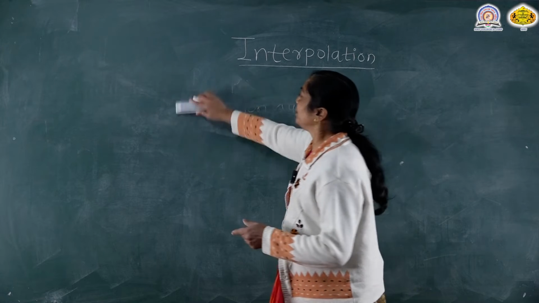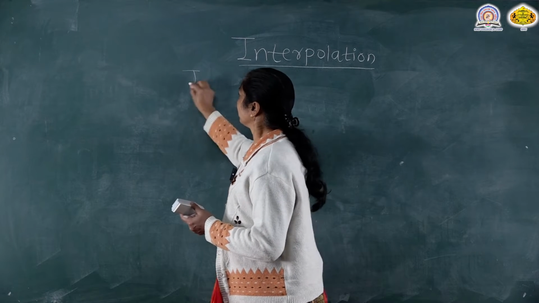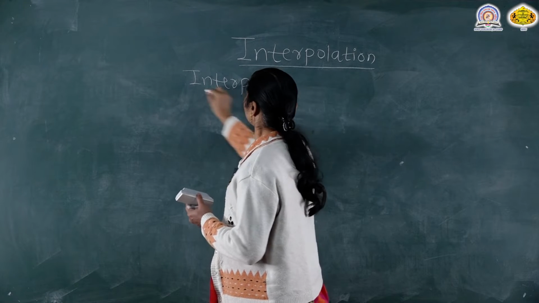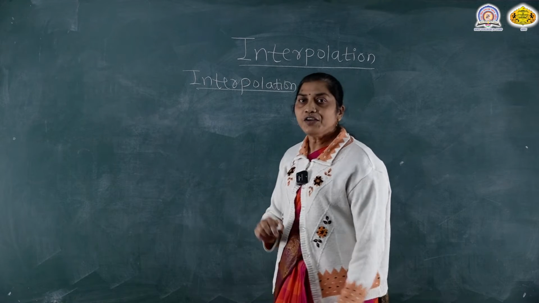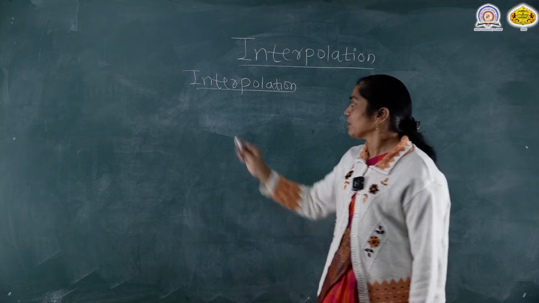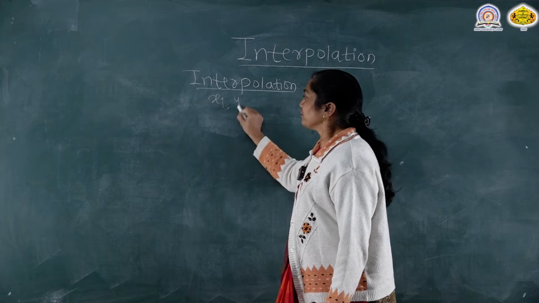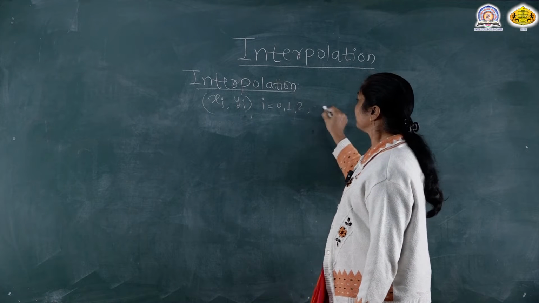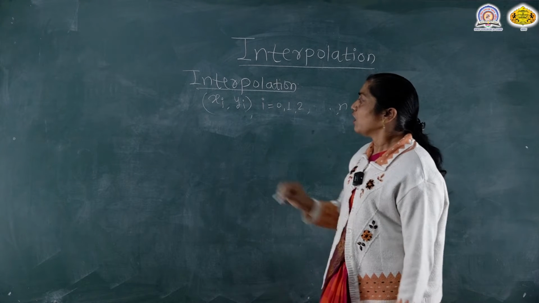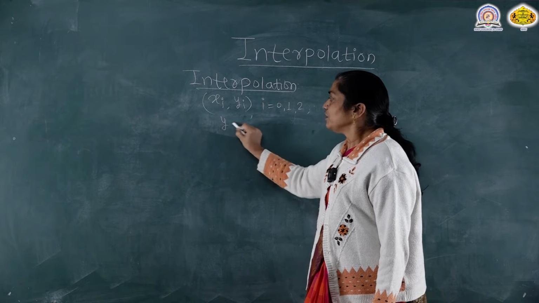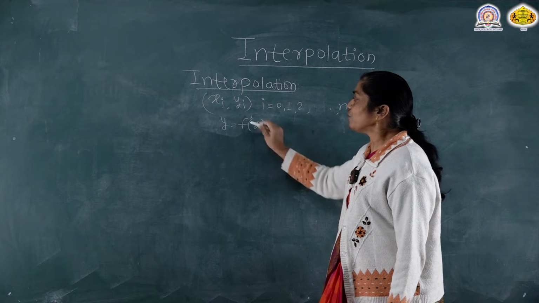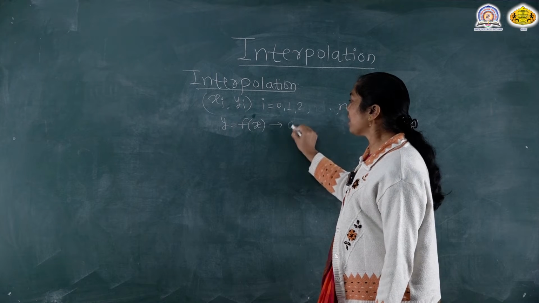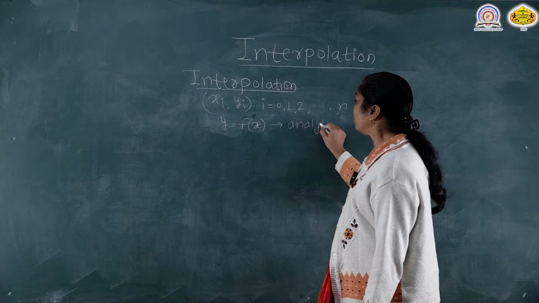So, what is interpolation? Given a set of tabulated values xi, yi, i running from 0 to n, where these values satisfy the equation y is equal to f(x), and this f(x), the analytical form, is not known to us.